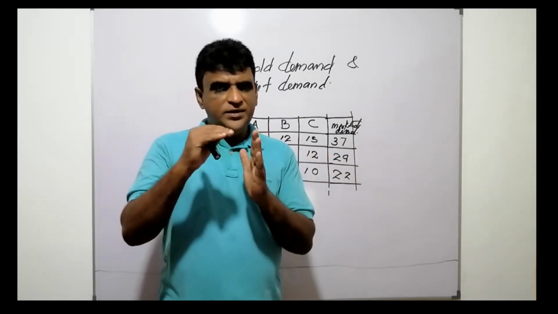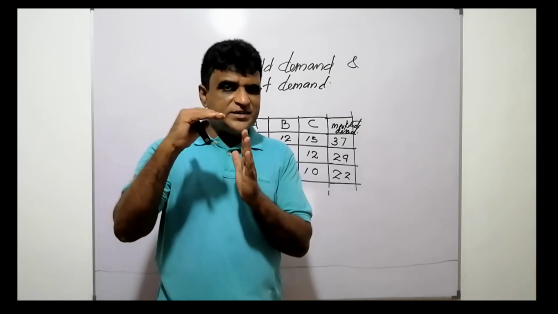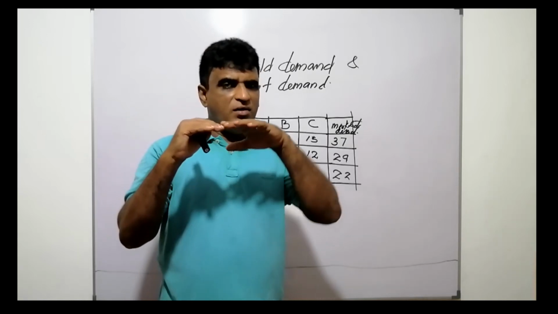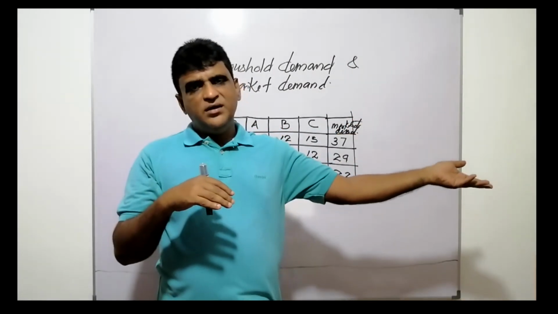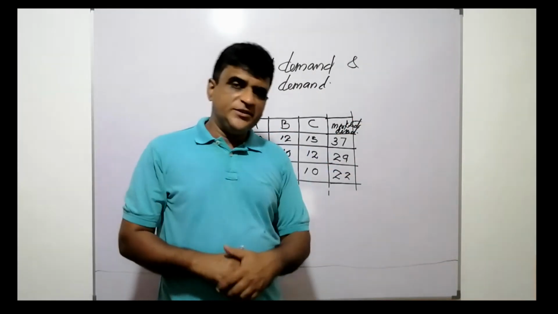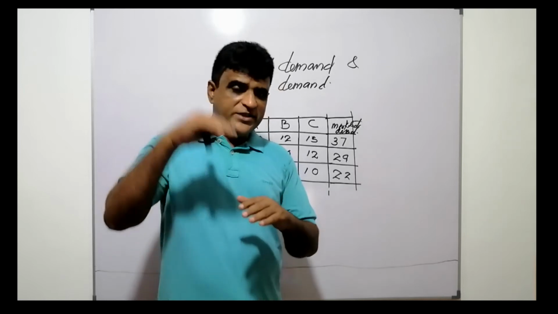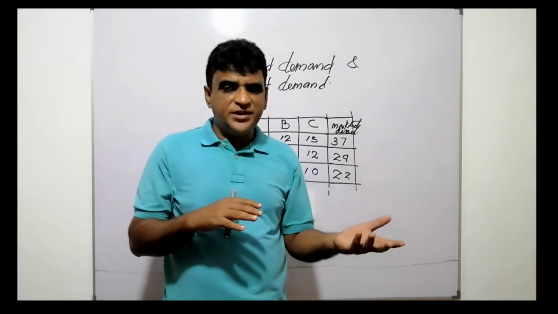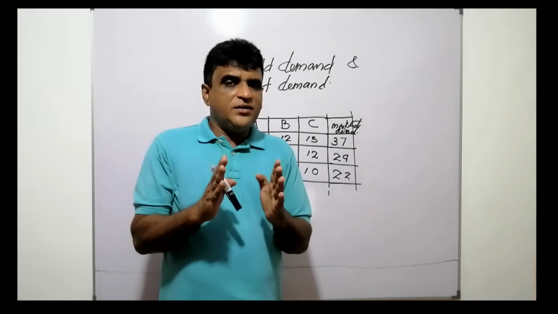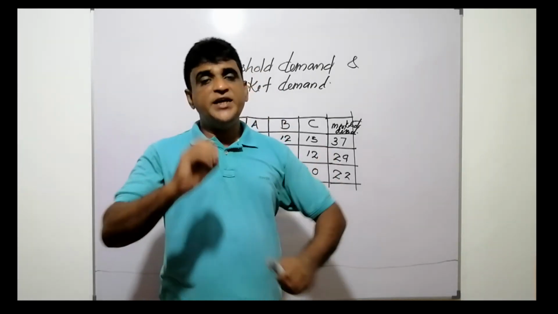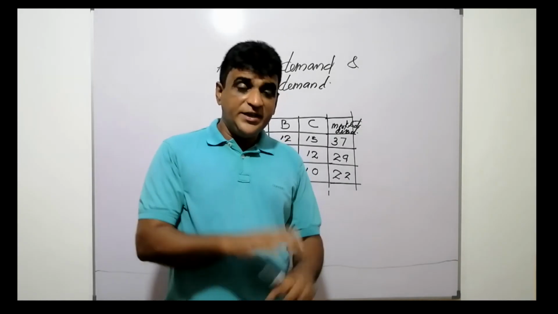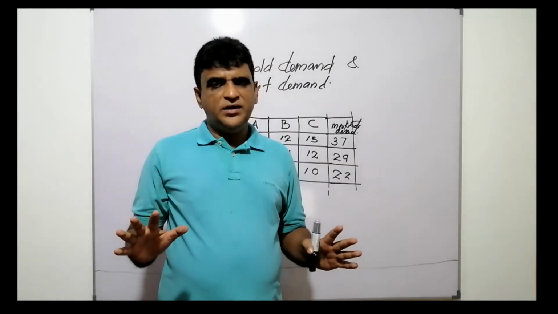As an example, think the price is constant, and one or a few factors are changing except the price. That means price is constant, other factors are changing. That is not a change of quantity demanded, that is a change of demand.